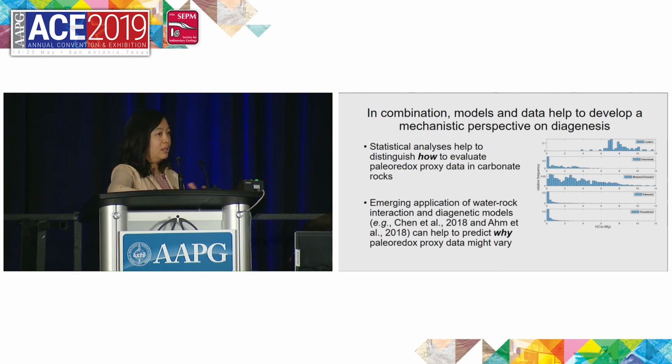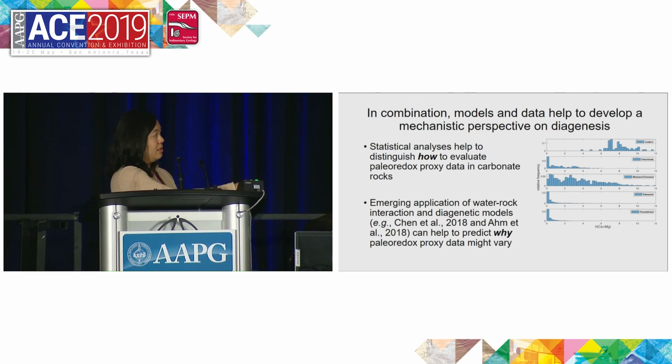And with all this data, I think we can do a better job looking at the statistics to help us distinguish how to evaluate these proxy data in carbonate rocks. For example, it becomes really clear looking at this iodine-calcium ratio that we shouldn't be using the mean values at any point, and perhaps the maximum value, although that still doesn't quite match the mean value we see in the modern ocean. But maybe some kind of corrective factor is needed.